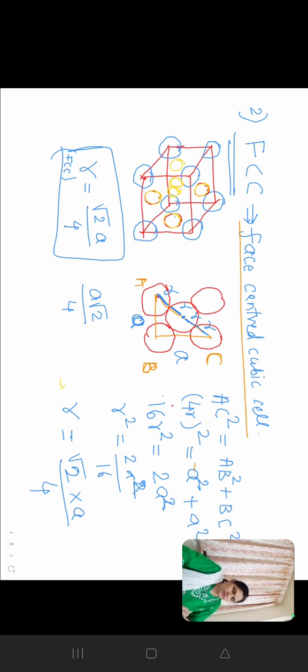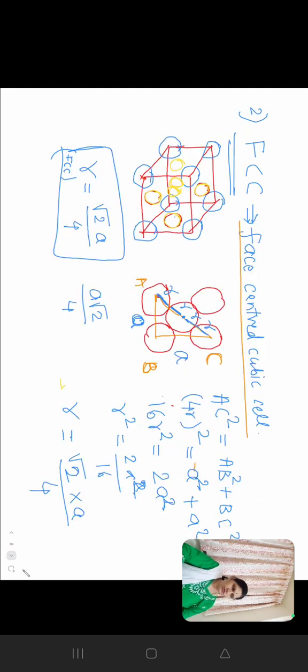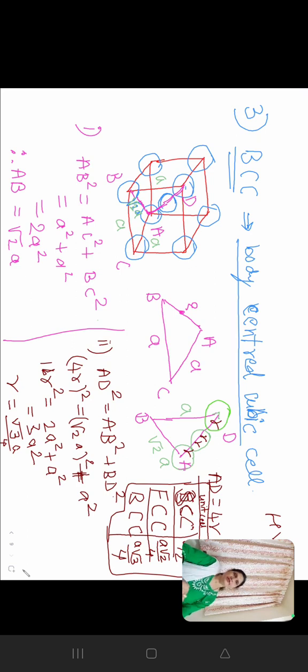Ma'am, SCC, simple cubic cell. Thank you, ma'am. So this is the metallic radius.